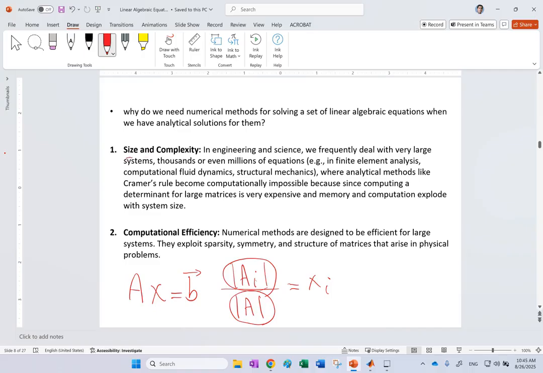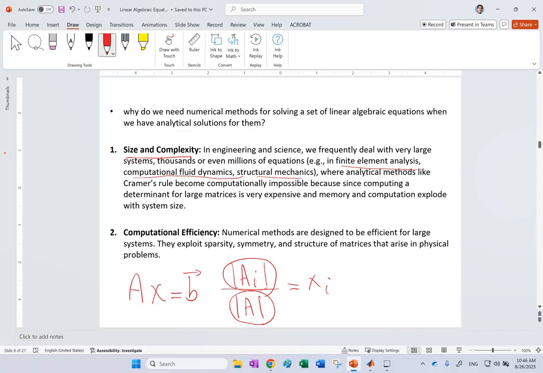So size and complexity is one of the main motivations to use numerical methods for solution rather than calculating these big determinants. In lots of problems in finite element analysis, computational fluid dynamics (CFD), structural analysis and so on, you're going to get a lot of equations and unknowns. The other one is computational efficiency.